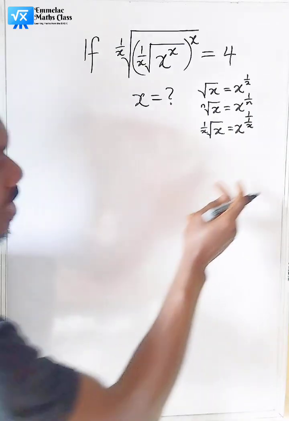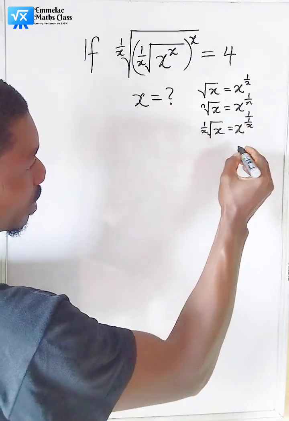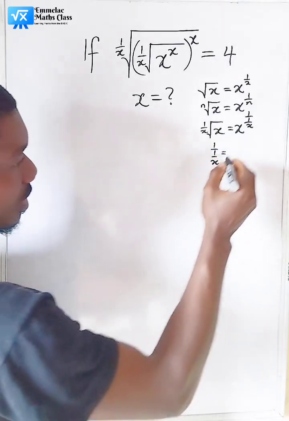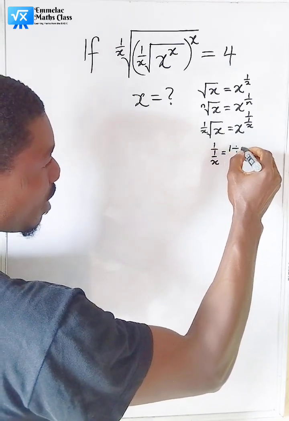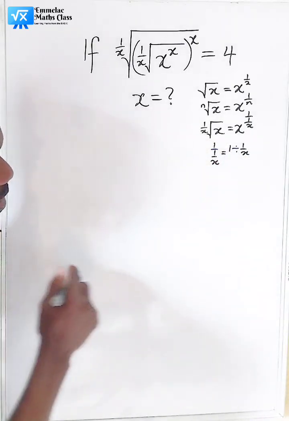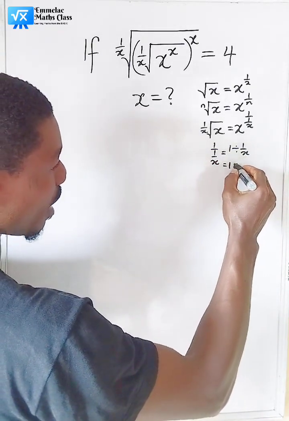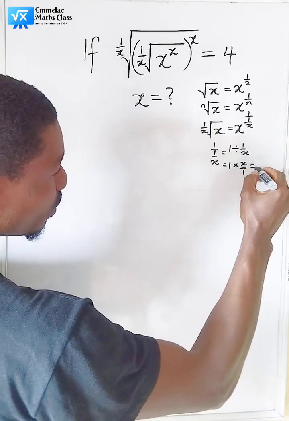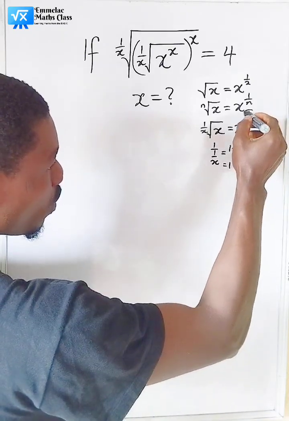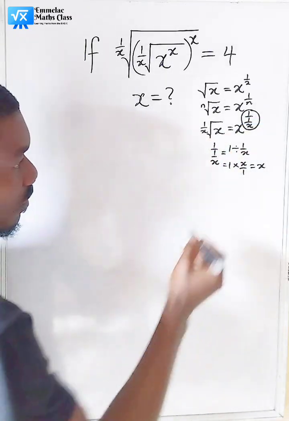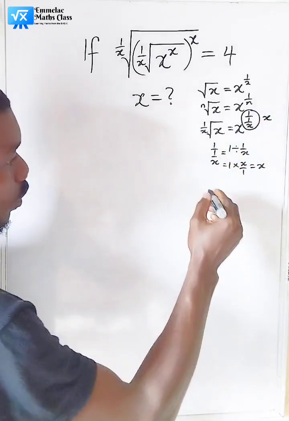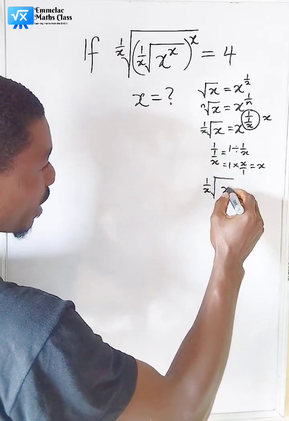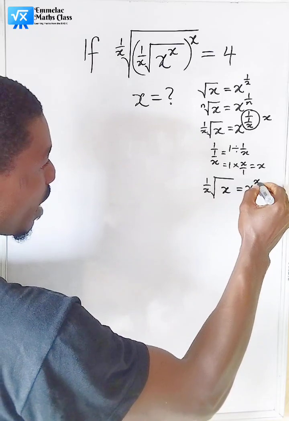If we take a look at this exponent, 1 over 1 over x, simplifying this we have 1 divided by 1 over x, which gives us 1 times x over 1, which gives us x. So the whole of this exponent simplified is x. So we can conclude that the (1 over x)th root of x is x raised to the power of x.